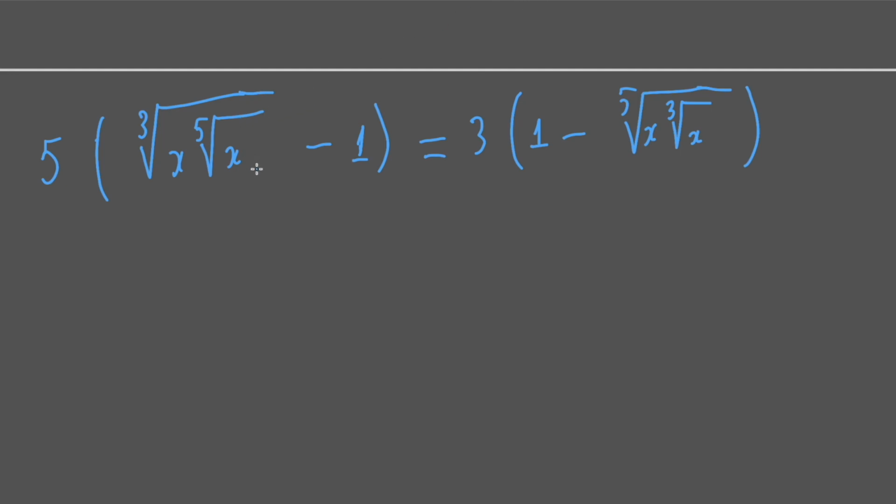So, at first look the equation seems a bit complex, right? Because there are two radical signs nesting together.